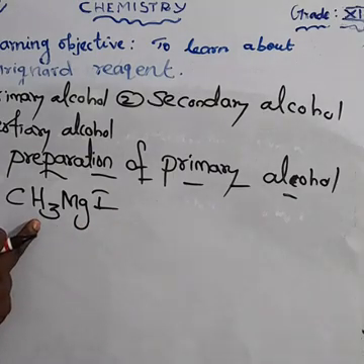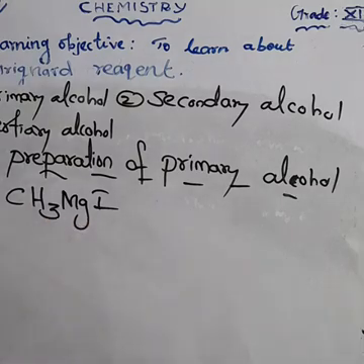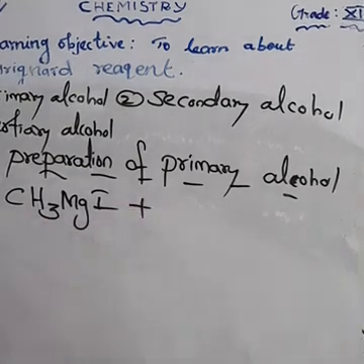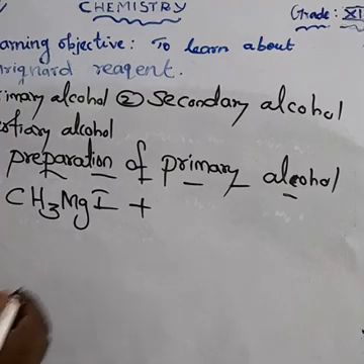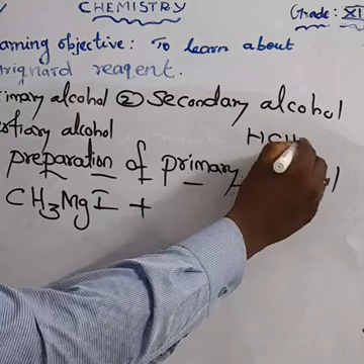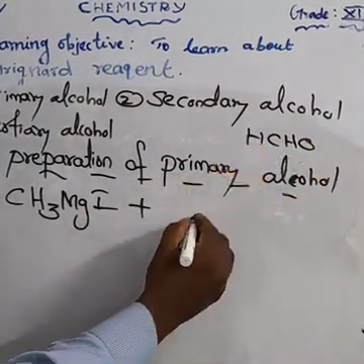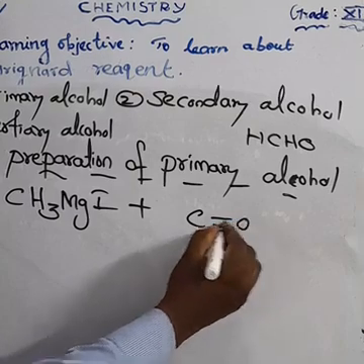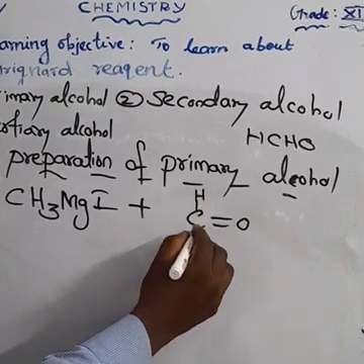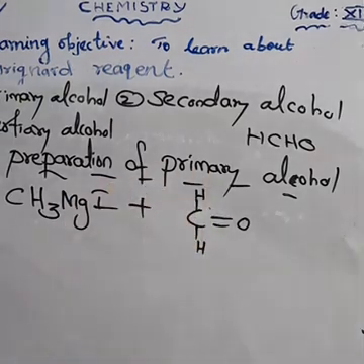Methyl means CH3, magnesium MgI, reacts with the formaldehyde. Formaldehyde formula HCHO, am I right? This formaldehyde can be written as C double bond O, hydrogen, hydrogen.